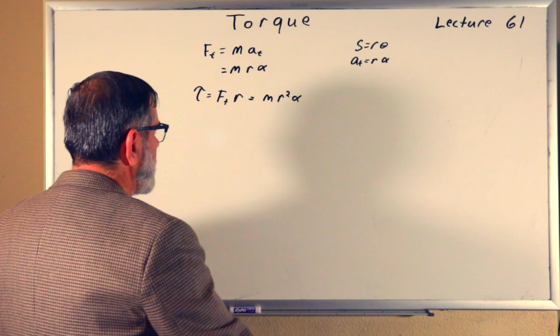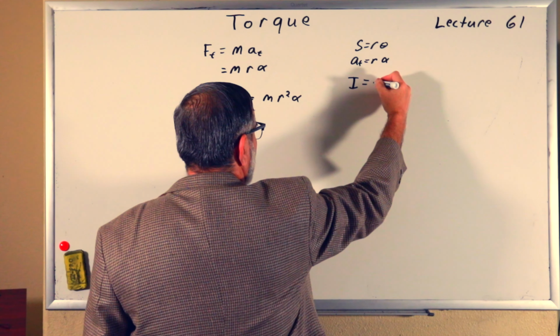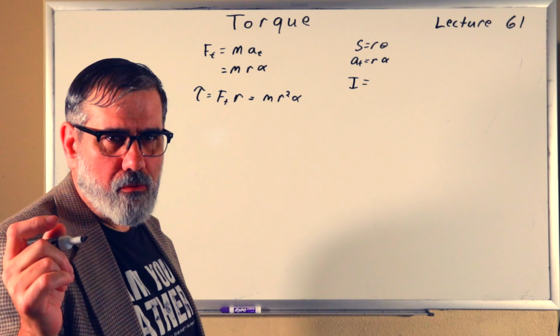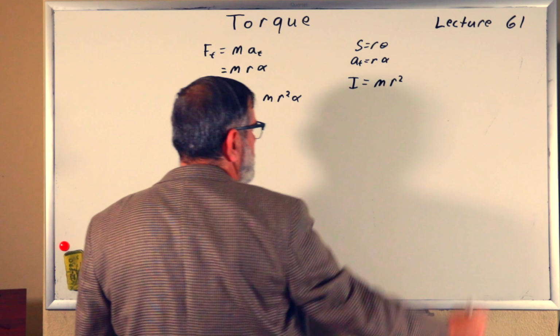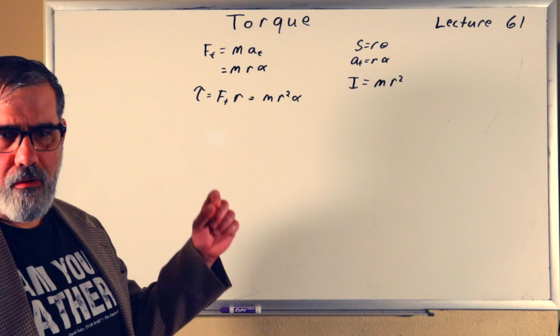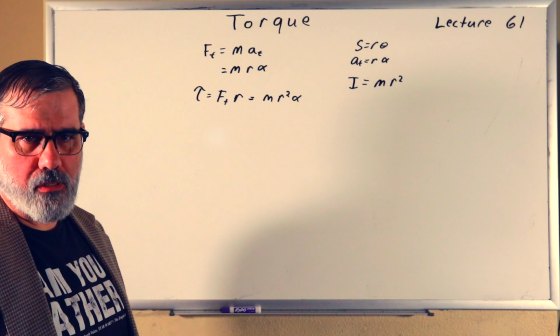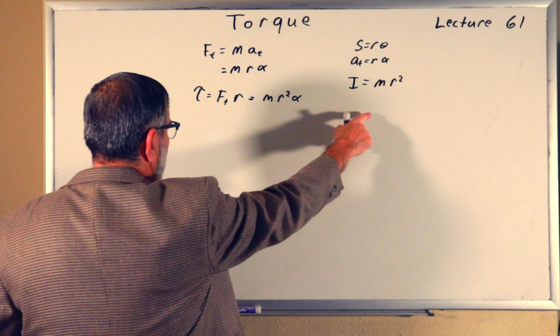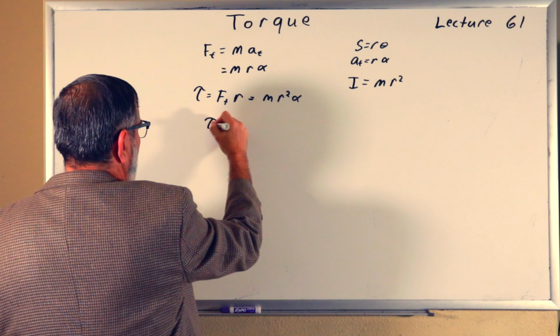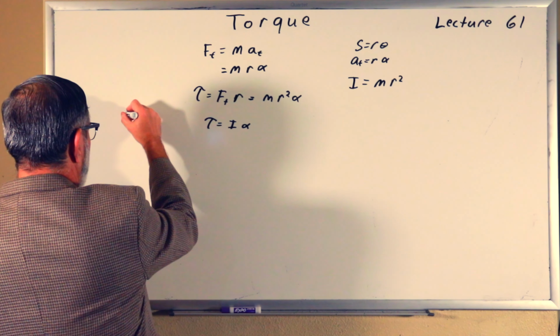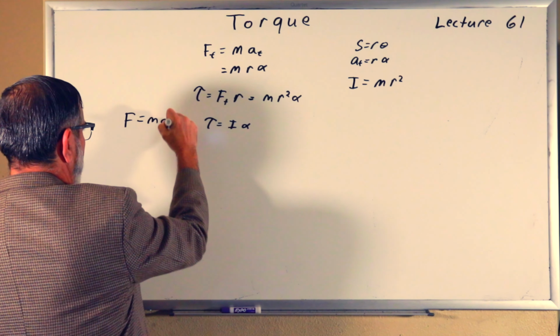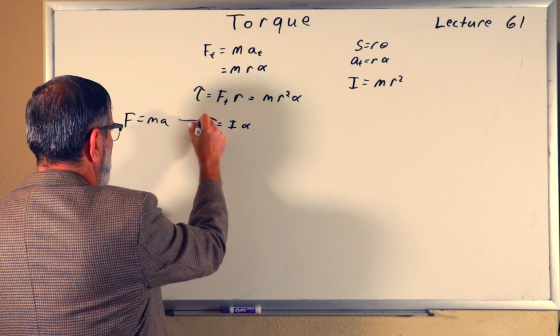And you might recall that I, for an individual piece of mass, is equal to the mass times the distance squared from the rotational axis. So this m r squared, we can write torque is equal to I alpha. And this is completely analogous to F equals ma. So let's look at those two.